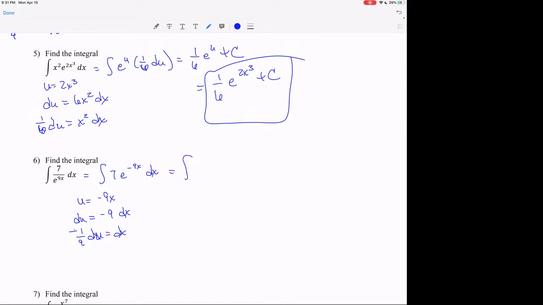So we have the integral of 7 e to the u times negative 1/9 du. So that's negative 7/9 e to the u plus c. So that equals negative 7/9 e to the negative 9x plus c.